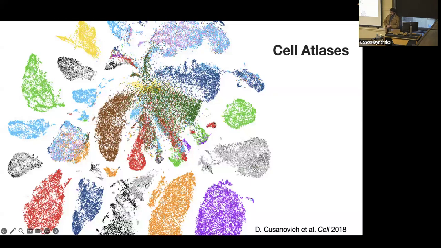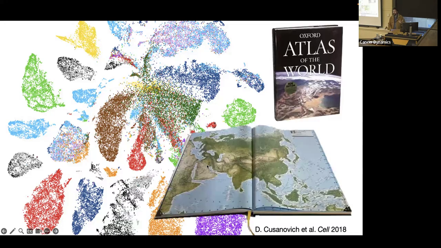So I want to think about that a little bit in the context of cells and in the tumor. And I wanted to start by talking about cell atlases, which have been a big boom in cancer biology, especially with single cell sequencing technologies. And I am old enough to have actually used atlases when I was a kid.